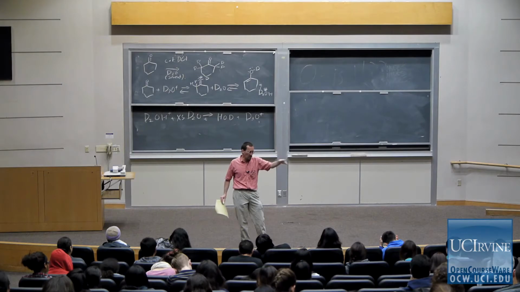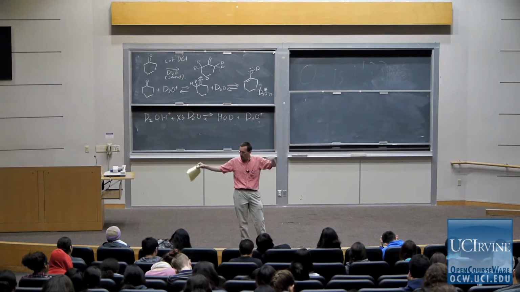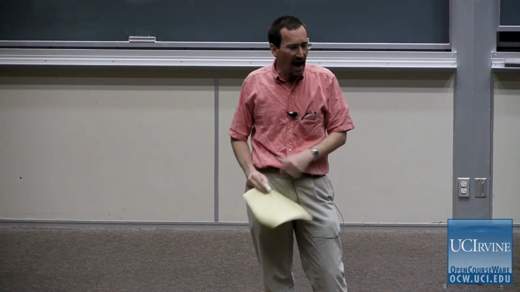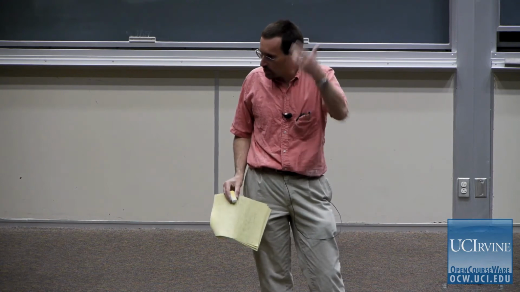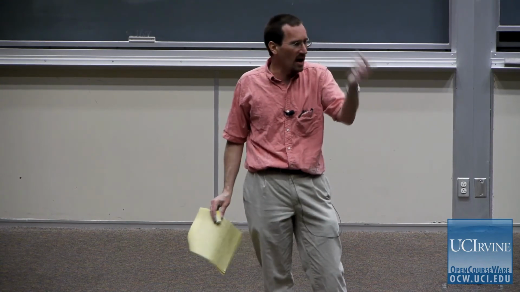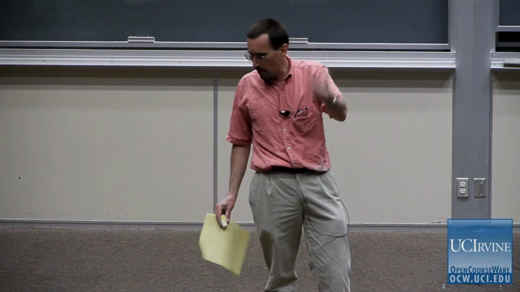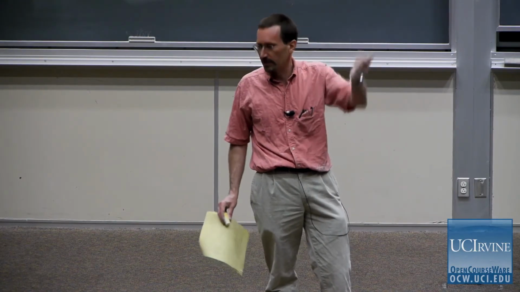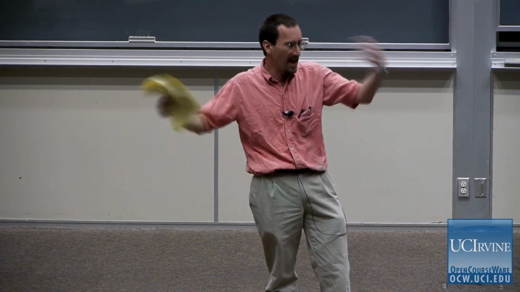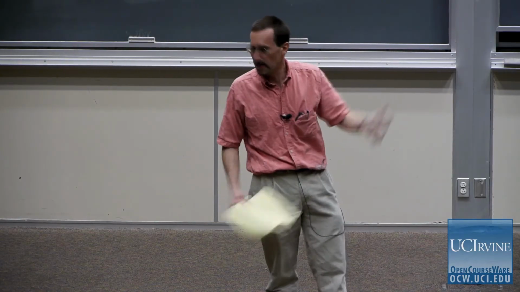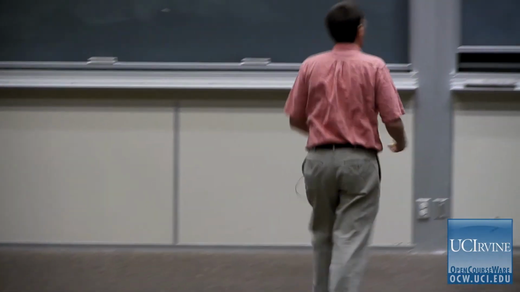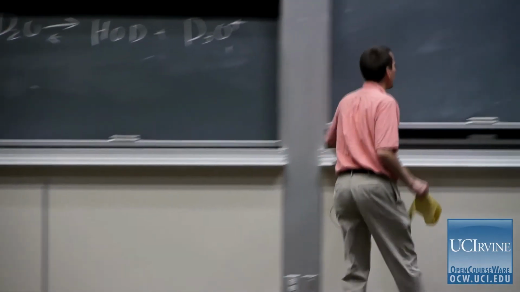If I do a reaction with 55 molar D2O and I have a 1 molar solution or a 10th molar solution of ketone, as my protons go in, I get this little bit of HOD in this mass of D2O and D3O plus. All right, let's continue our mechanism here.